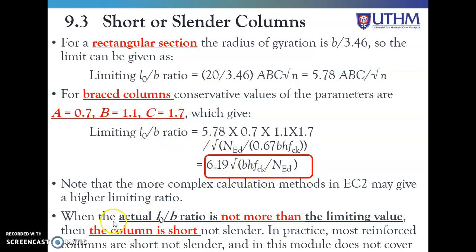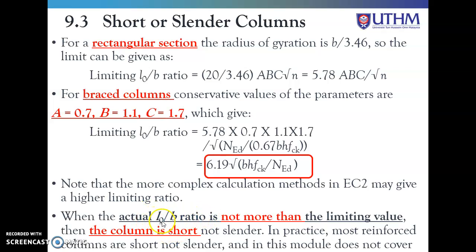Okay. So, if the actual L0 over B ratio is not more than the limiting value, then the column is short, not slender. Kira maksudnya, kita akan kira the actual value of L0 divided by B, then compare with the limiting L0 divided by B ratio. So, if the value is less than the limiting value, so the column is short.